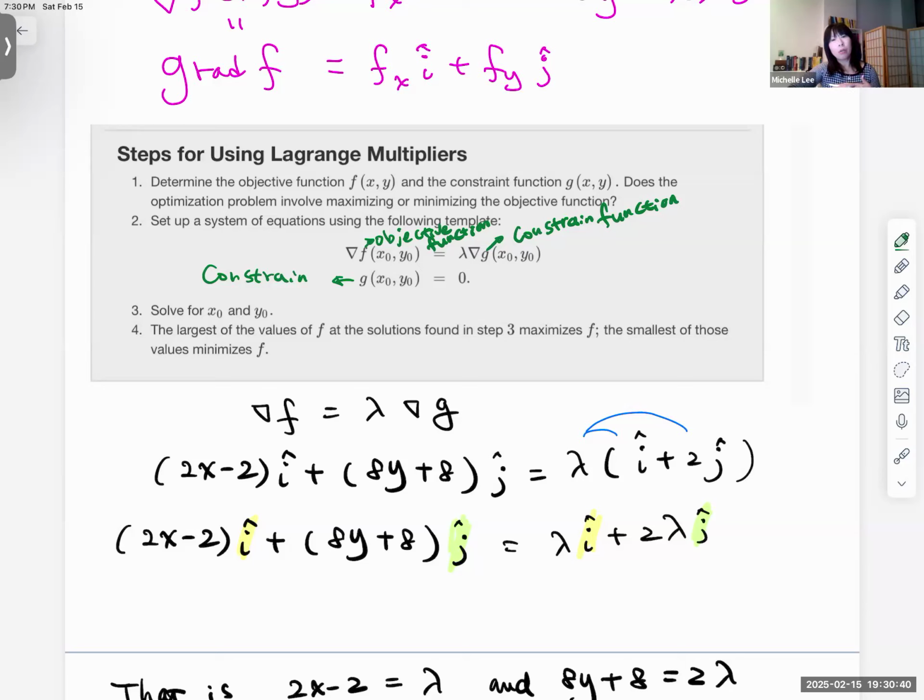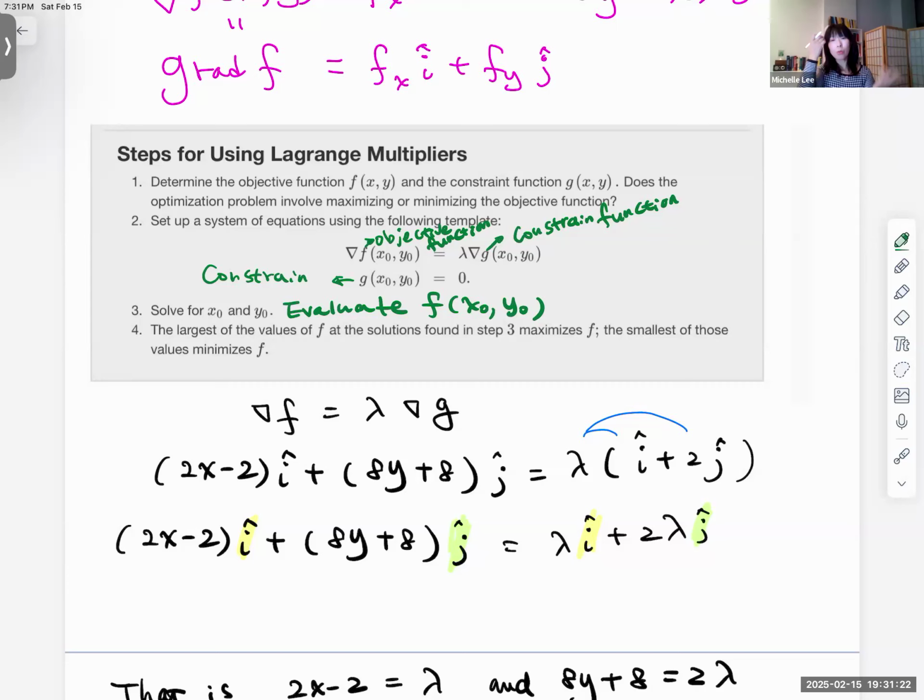Then we make the constraint function equal to 0. Then we need to solve for x naught, y naught. Then we evaluate those numbers, right? So evaluate f of x naught, y naught.